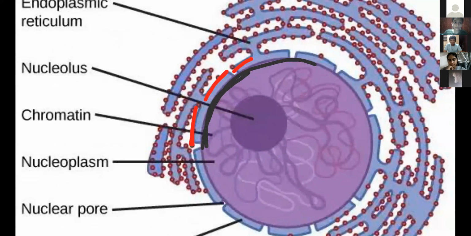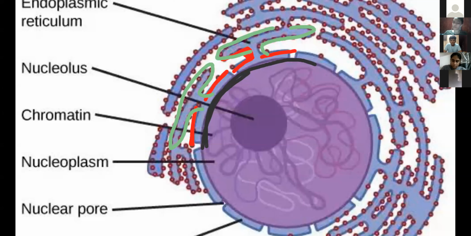Outer membrane shows continuity with this ER. So the outer membrane of nuclear envelope shows continuity with ER, endoplasmic reticulum.